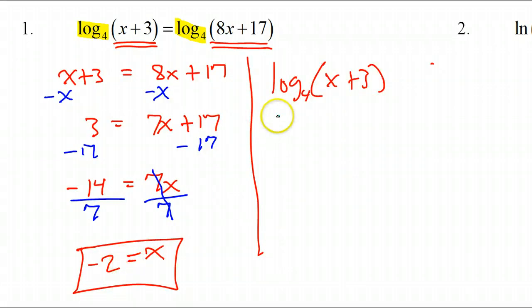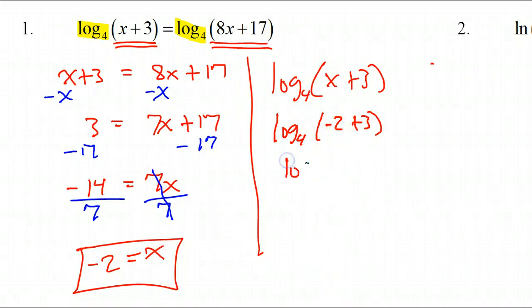If x is negative 2, then I have the log of negative 2 plus 3. Is this okay? Well, this is the log base 4 of 1. This is a positive number, so it's okay. If this made a negative number, that's when it would be no solution.